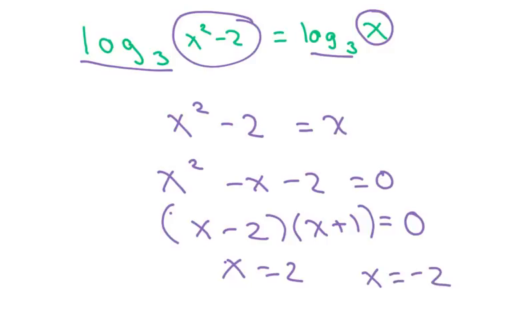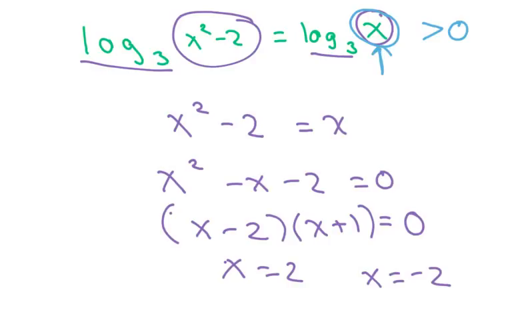And this is going to lead into our next video. The domain for the log here, this quantity right here, has to be greater than 0. So negative 2 has to be discarded because you can't plug in negative 2 in here.